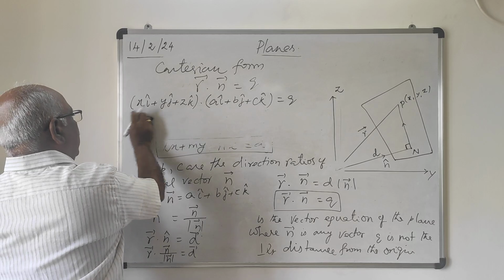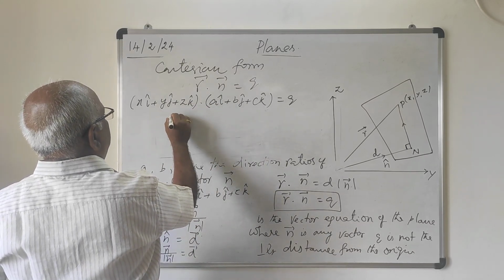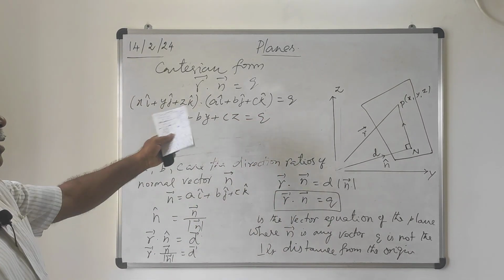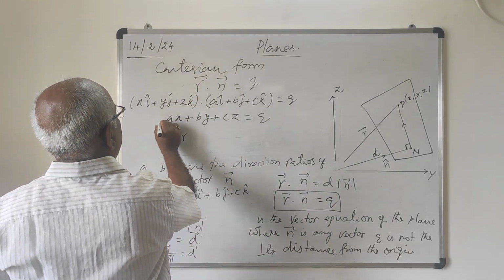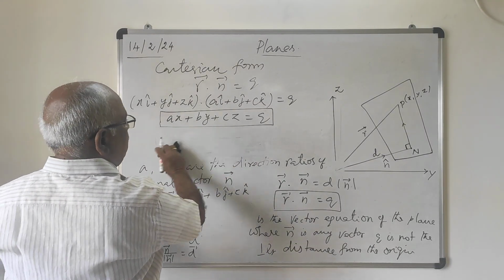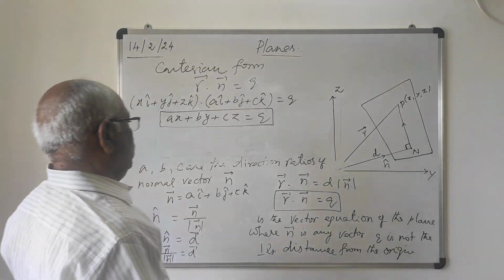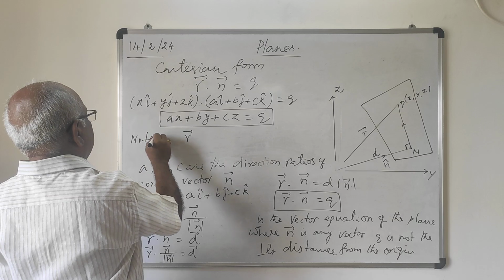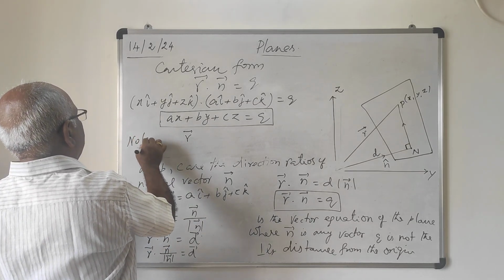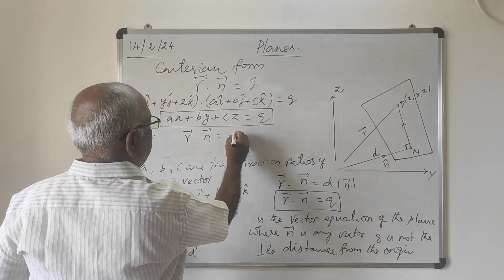This is the general equation of the plane. Taking the dot product, the Cartesian form is Ax plus By plus Cz equal to D. In your notes, consider this: if r dot n equals q is any equation.